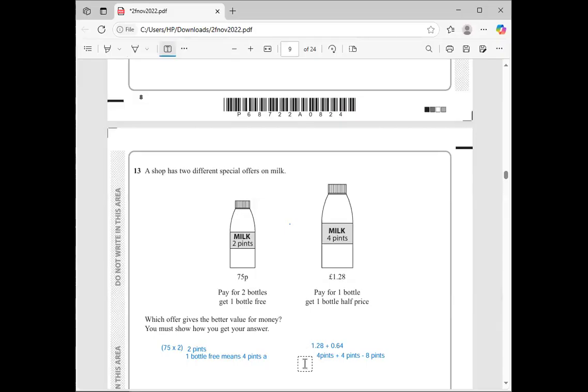Which means I can say that's 192 pence. Okay, on this side, 75 times 2 will give me what? 150 pence. Okay, and 150 pence can get me how many of this?